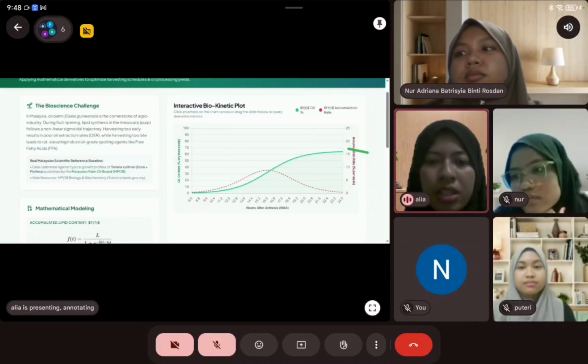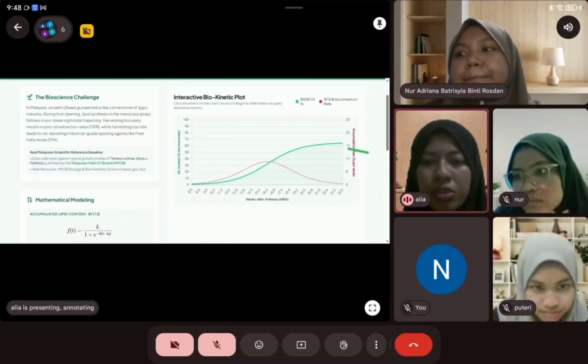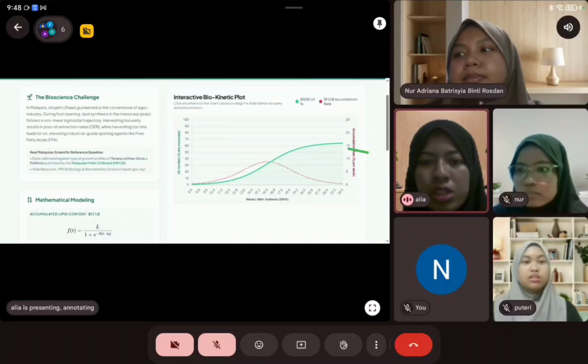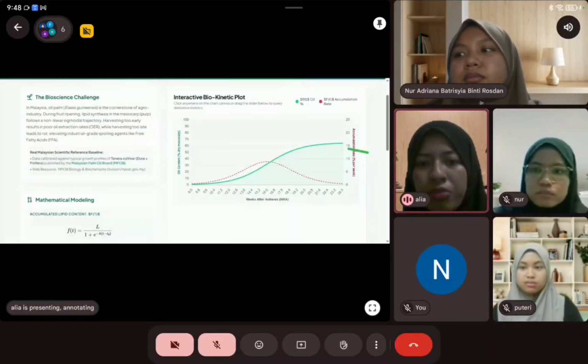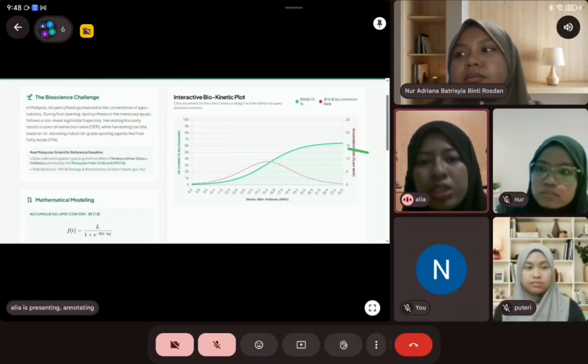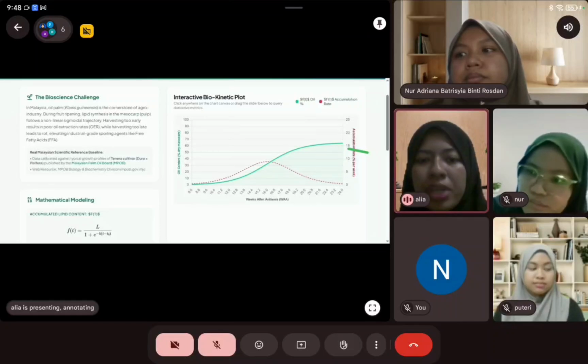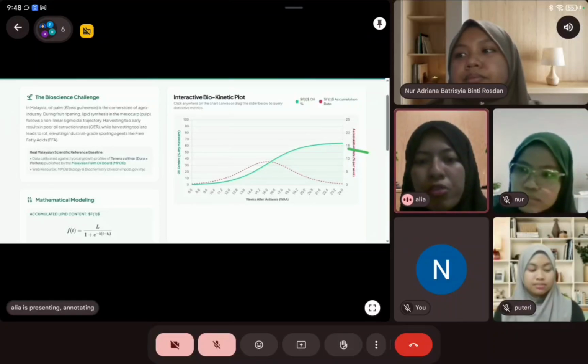The challenge is finding the Goldilocks window for harvest. It is vital because oil palm is the cornerstone of the Malaysian economy, and relying on manual visual estimation of ripeness is subjective and often leads to significant economic loss. By applying mathematical modeling, we move from guess to precision.